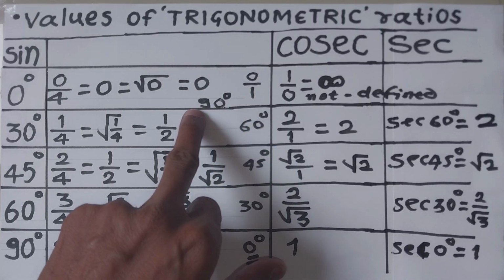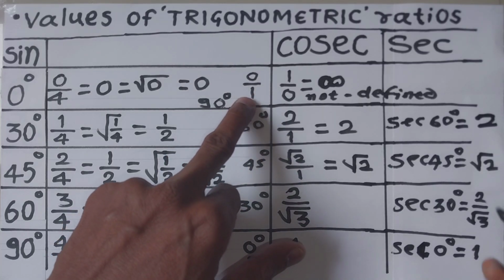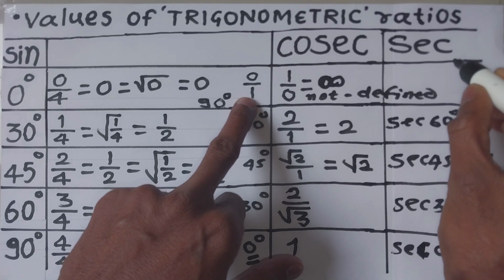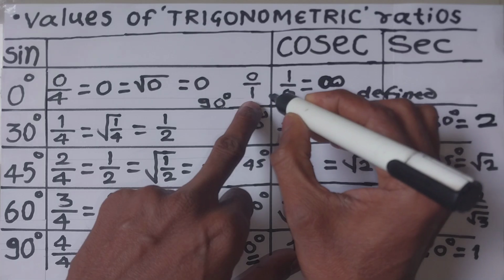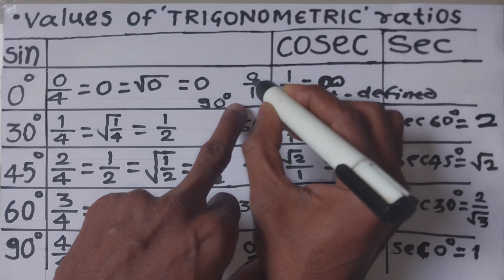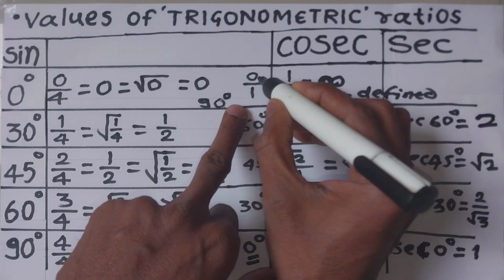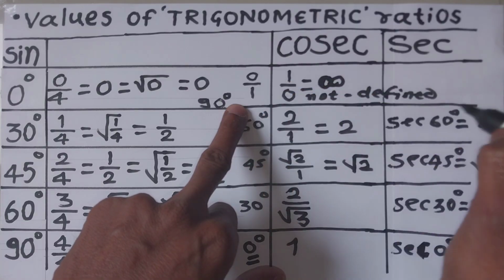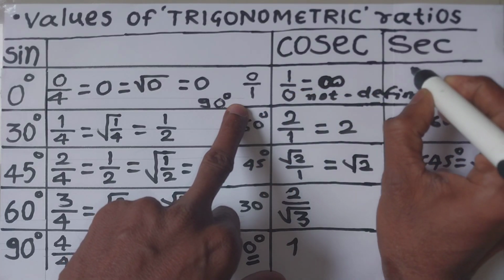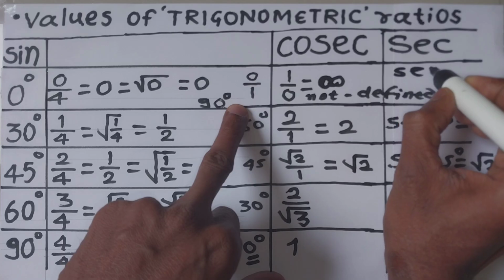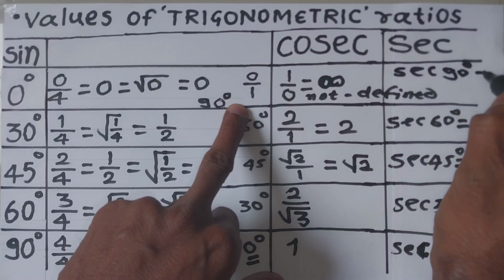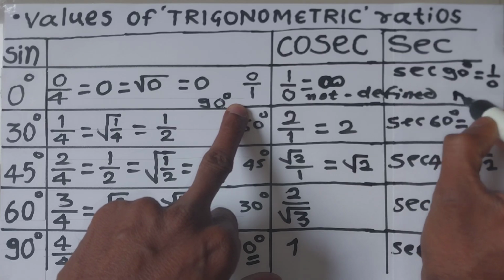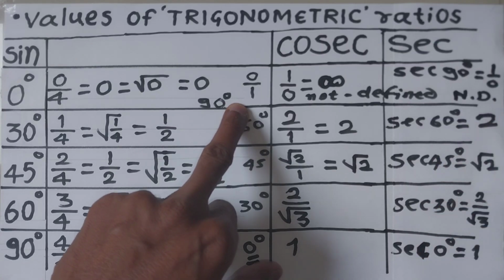And cos 90 degree is 0, then sec 90 degree, look here, this cos 90 is 0, then we write 1 upon 0. Therefore sec 90 degree is 1 upon 0, which means not defined.